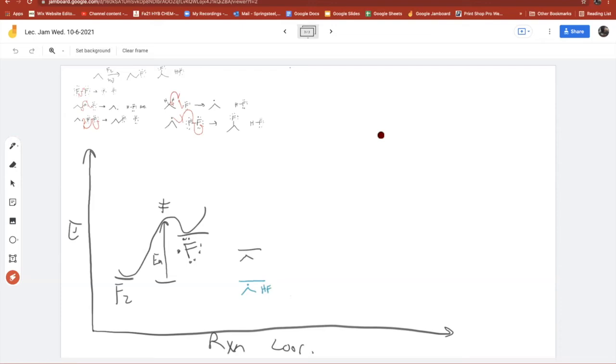So we got the primary HF. So this transition state that leads to the primary carbon radical right here, transition state primary, it's going to be pretty much the same as the transition state that leads to the secondary.